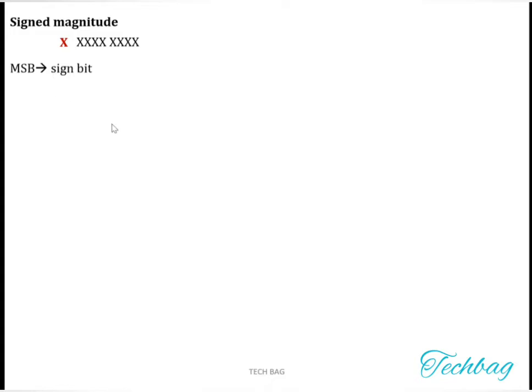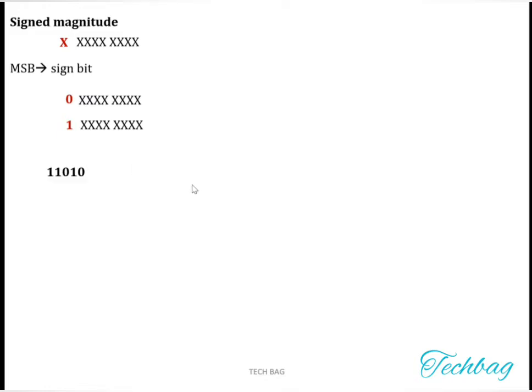And depending upon the sign bit, your number may be a positive number or negative number. For a positive number, the most significant bit is 0. And for a negative number, the most significant bit is 1. So for any number with n bits, the most significant bit represents the sign of that number and the remaining n minus 1 bits represent the magnitude of that number.